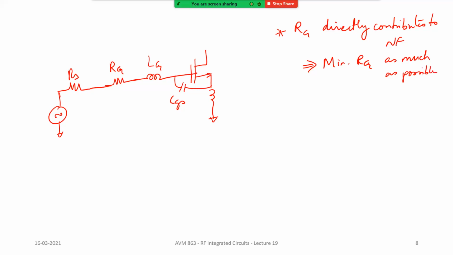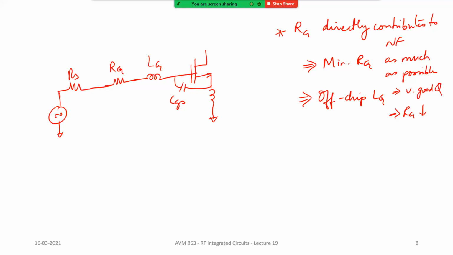As I mentioned before, getting very high Q inductors on chip is very difficult, so you have to go for an off-chip LG. An off-chip LG will usually have very good Q, which means that RG is extremely low. So for LNAs working in the lower gigahertz range, less than 5 gigahertz, you can just put an off-chip LG and get away with it.